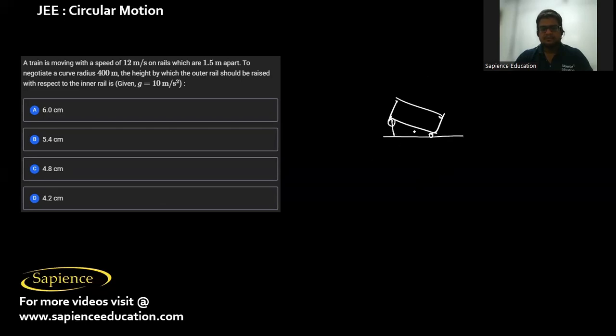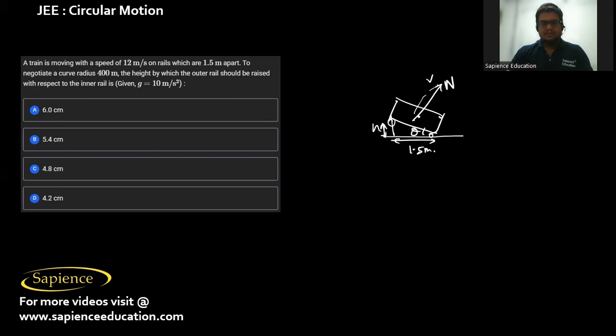This is height h. So the rails are 1.5 meter apart. This is the angle theta, then it is moving with a velocity v. This is the normal reaction.